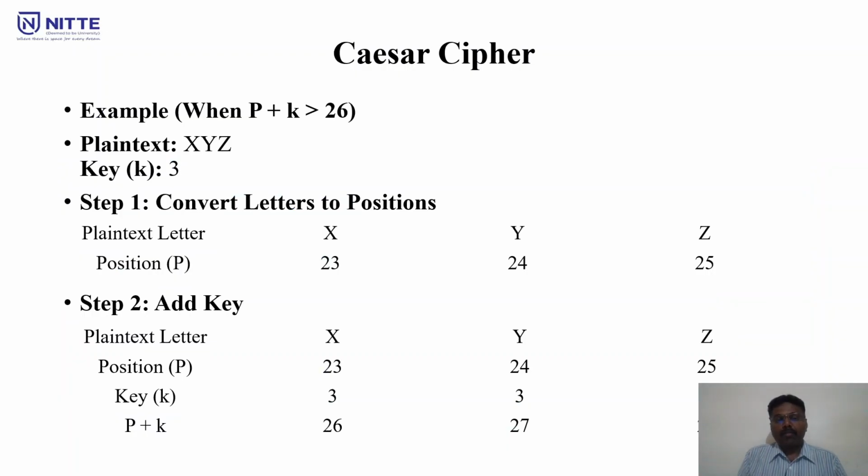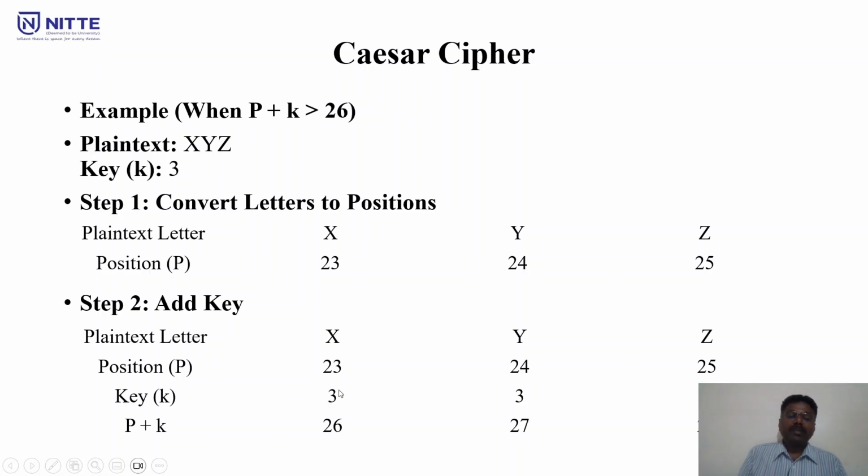Suppose when I add the plaintext positional value plus the key value, it comes out greater than 26. What are we supposed to do in that case? Here we take the plaintext XYZ, and again the key value is 3. Converting the letters into positions, X takes 23, Y takes 24, and Z takes 25.